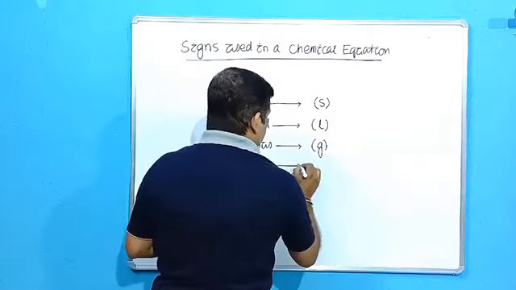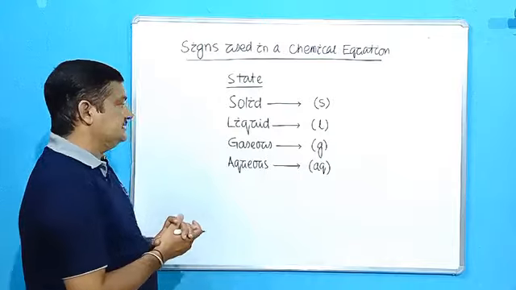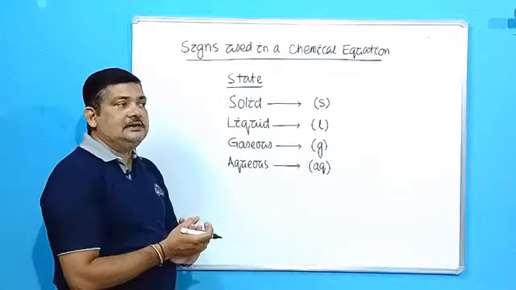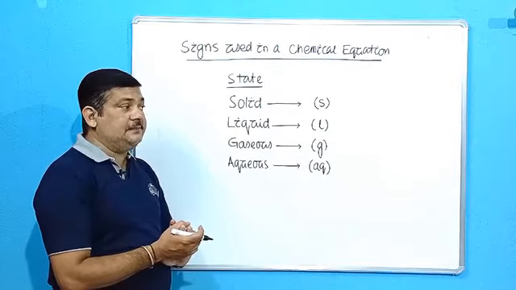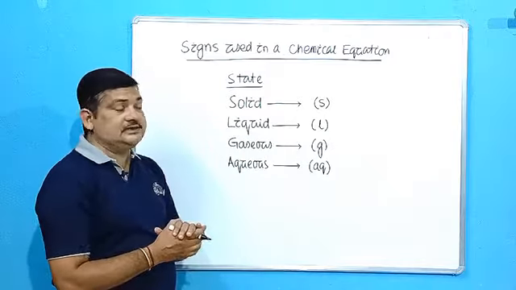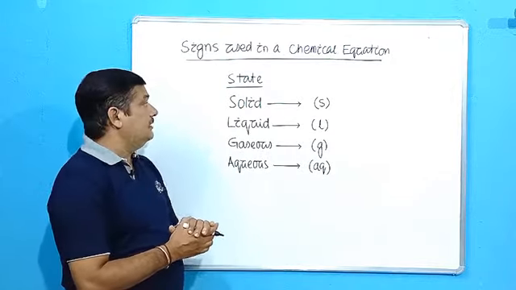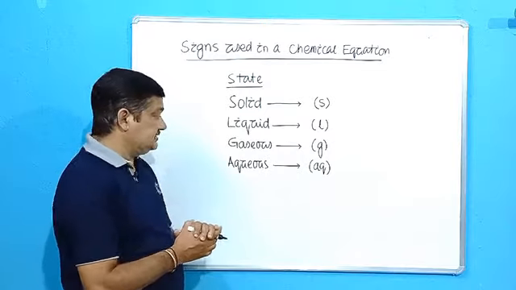And for aqueous solution, we write small aq within the brackets. These are the abbreviations or signs used to mention the state of the reactant as well as the product.